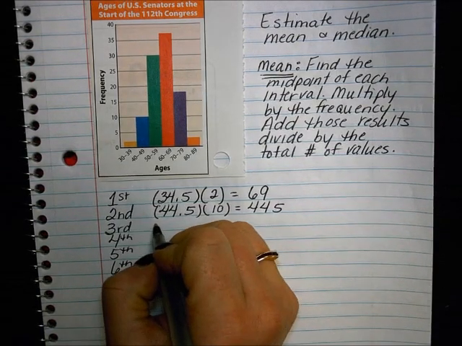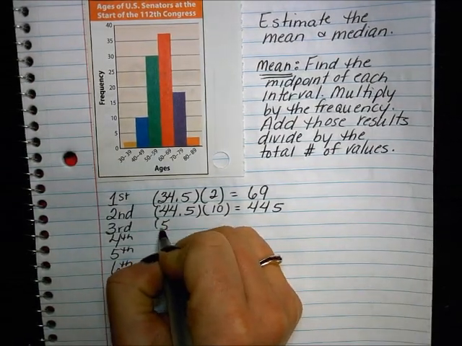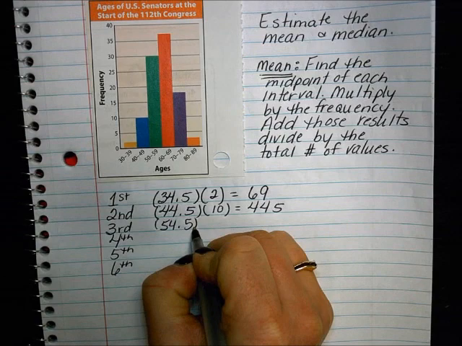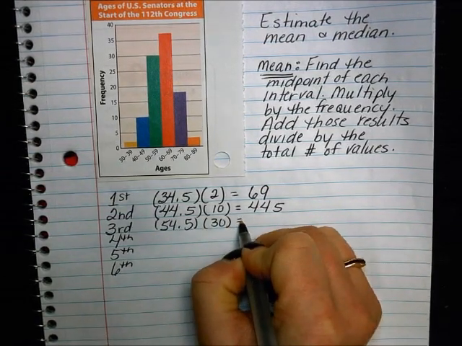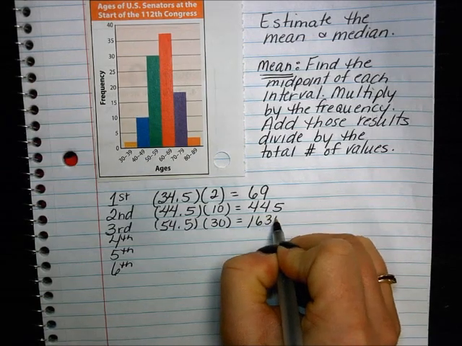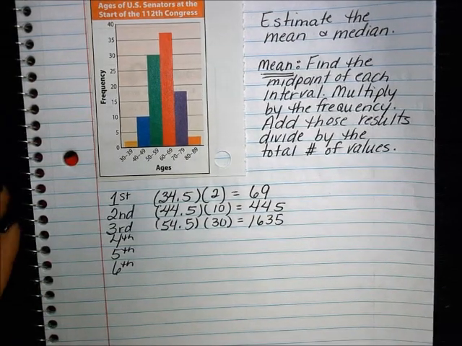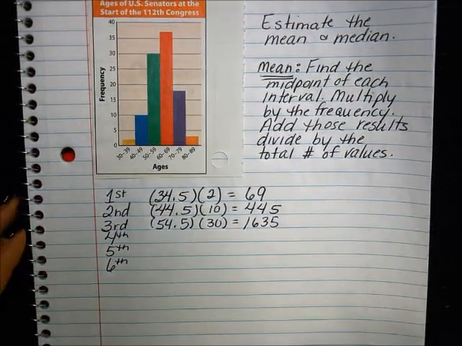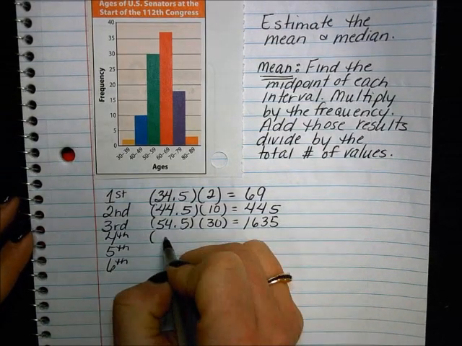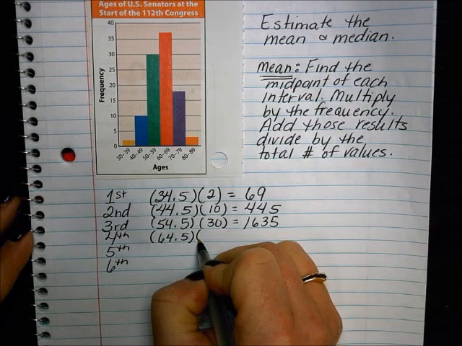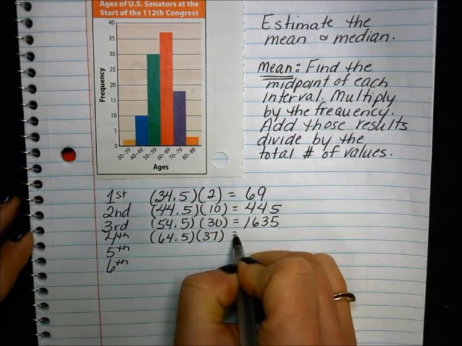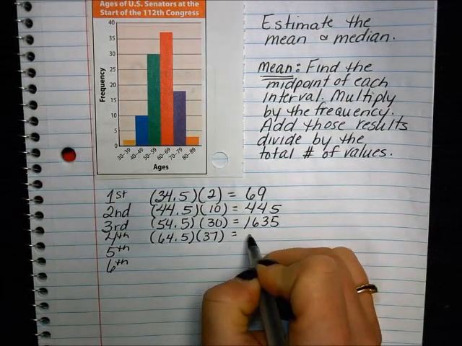So for the third one, that would be 54.5. And there are 30 people that fall into that category. That would be 1,635 years for those 30 people on average. The midpoint here is 64.5 years, and there are 37 people that fall into that age bracket.